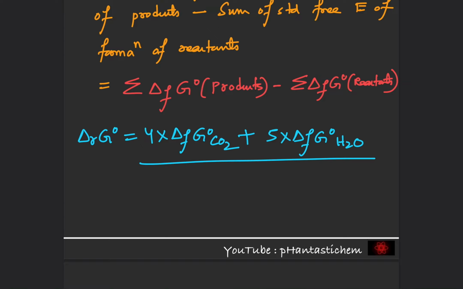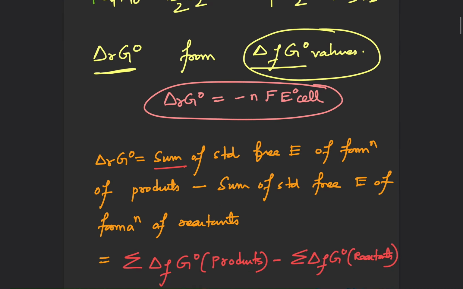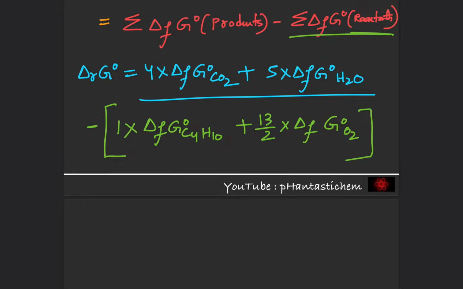So this is for the products, minus bracket open 1, since we have 1 mole of butane, therefore 1 into delta F G naught of C4H10 plus, since it is a summation of the reactants, and we also have 13 by 2 moles of oxygen, 13 by 2 into delta F G naught of O2, right?